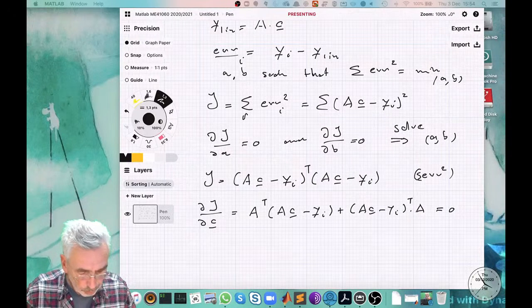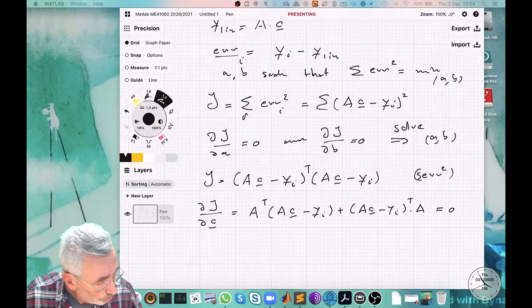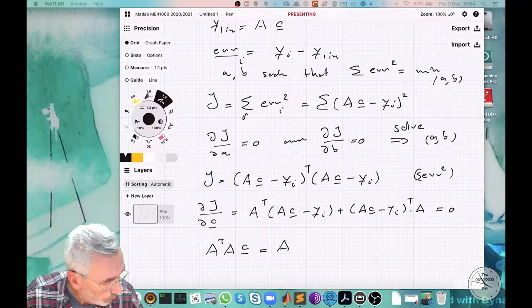So in the end we have the following conclusion. In order to be optimal, A transpose times AC must be equal to A transpose times y_i.